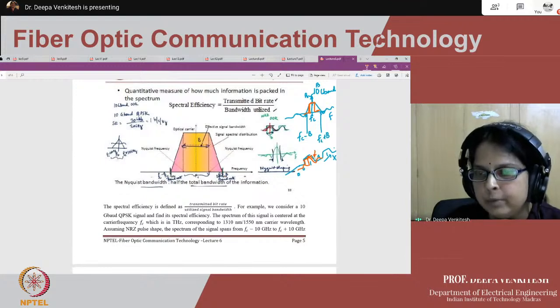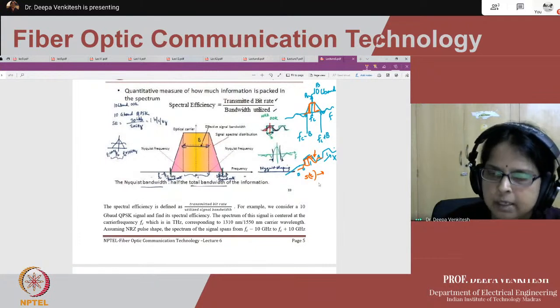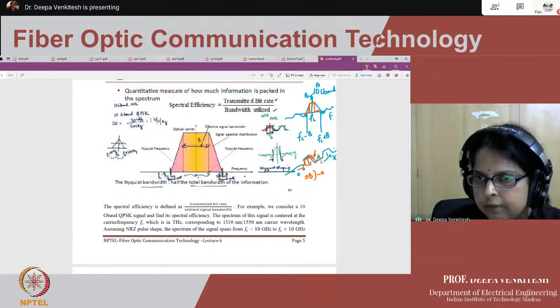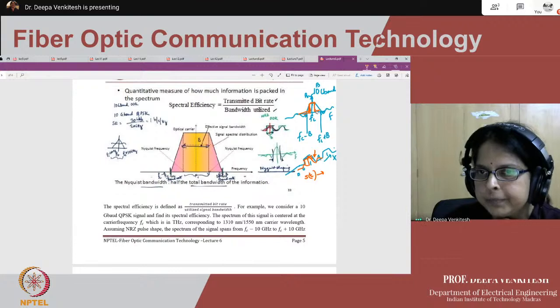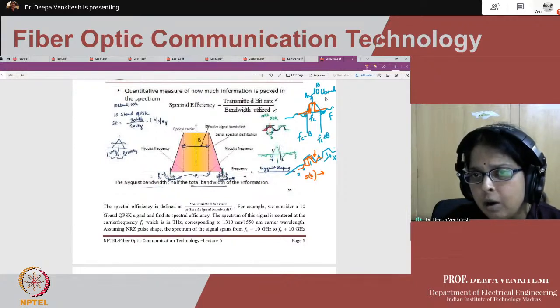So essentially your S of t, which is your representation in the time domain, you pass it through a shaping function. We will talk about it later a little bit. When you pass it through the shaping function, in the time domain it will look different, but in the spectral domain it's going to look very constricted. The question is, how much can you reduce this occupied bandwidth to?